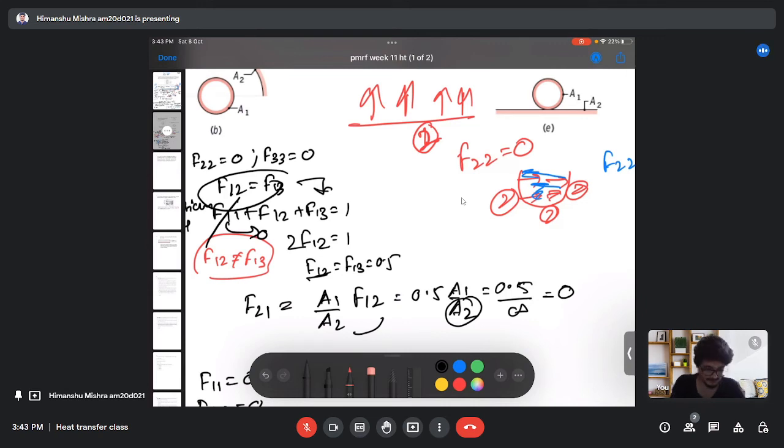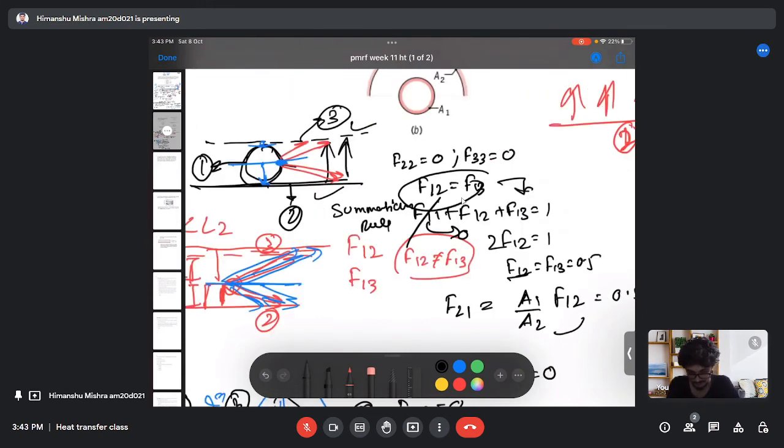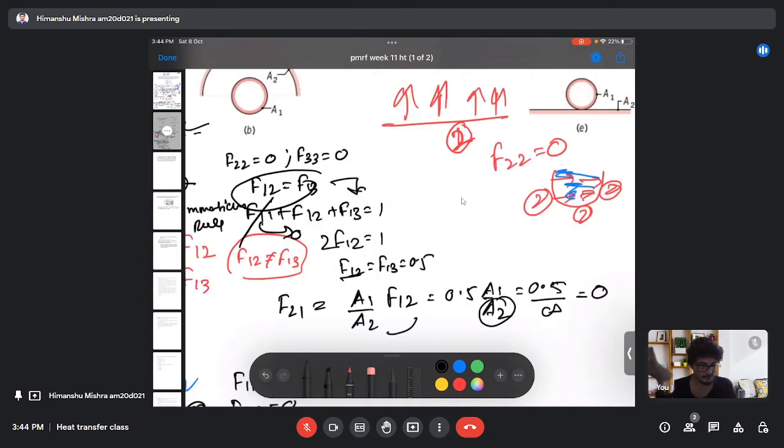If my surface area A2, or the length of this surface, has some finite dimension, in that case F21 will have some finite number. But in the question it is given that it has infinite dimension. So basically you are dividing some quantity by infinity, which makes that view factor F21 equal 0.